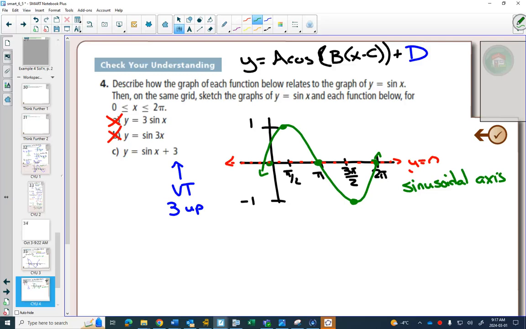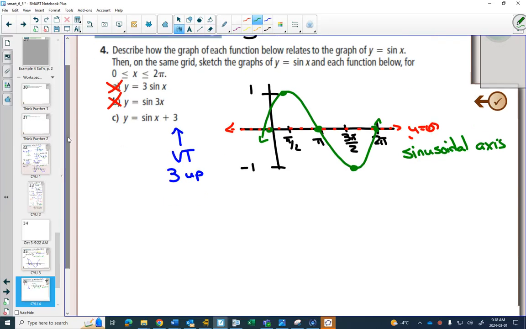Your sinusoidal axis is your average. Does it make sense, since it's at 0, that if you move your graph up and down, your middle line, your average, your sinusoidal axis is going to move as well?